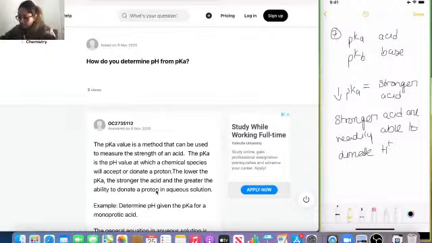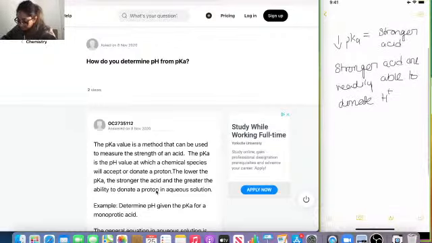Okay, and so for example, if we have an acid and we have to determine the pH, what we can do is first write out the general equation in aqueous solution, and that is by writing it like this.